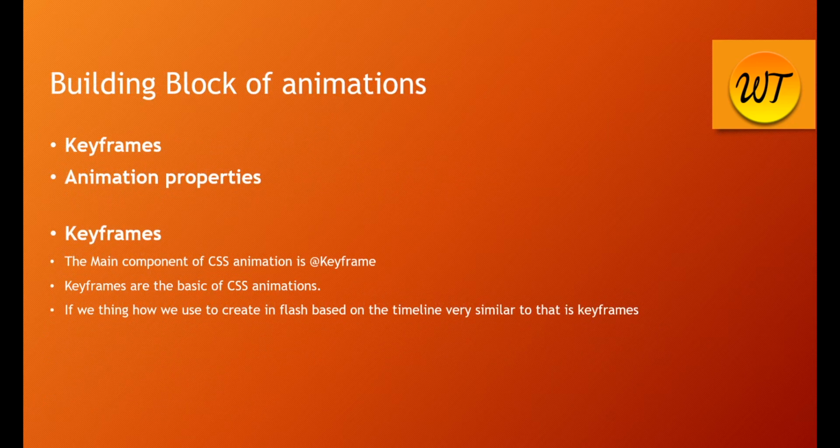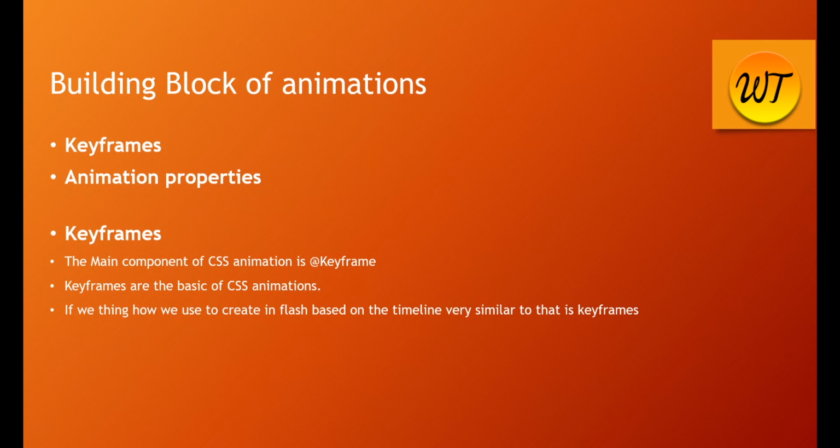Major building blocks in CSS animations are keyframes and animation properties. What is a keyframe? The main component of CSS animation is @keyframes. Keyframes are the basis of CSS animations. Keyframes are the most important area in CSS animations.